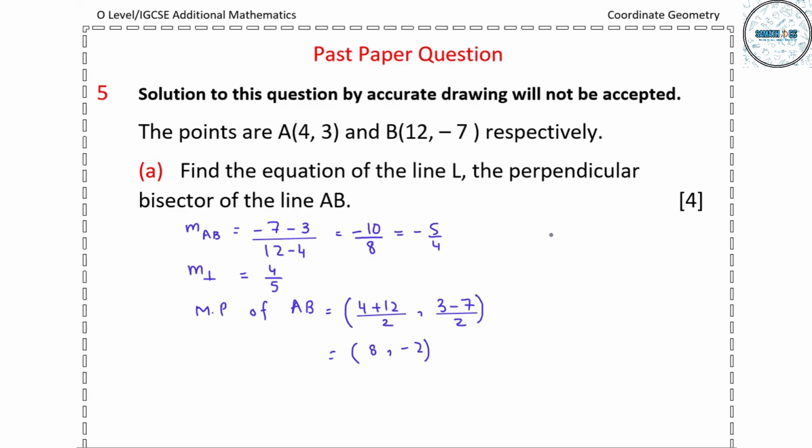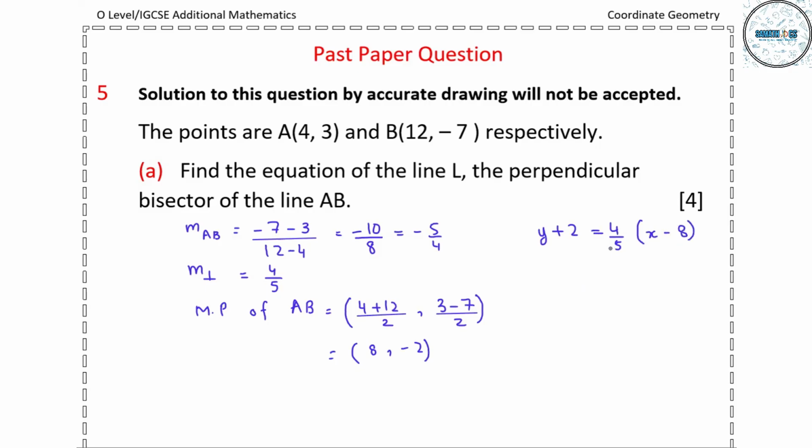Now we will form the equation. We will use y minus y1 is equal to m(x minus x1). So y minus y1 is y plus 2 is equal to m, which is 4 upon 5, times (x minus 8).